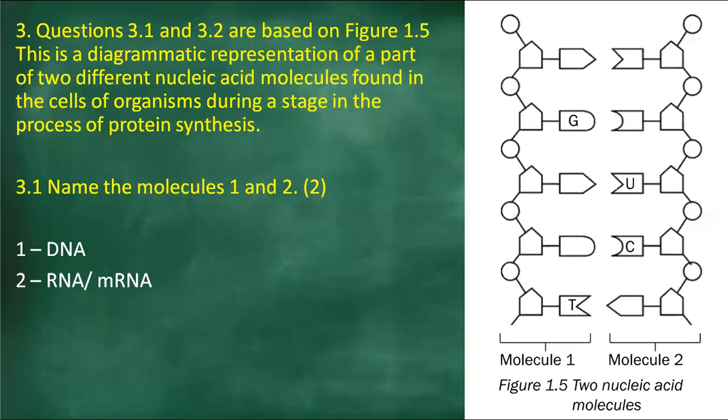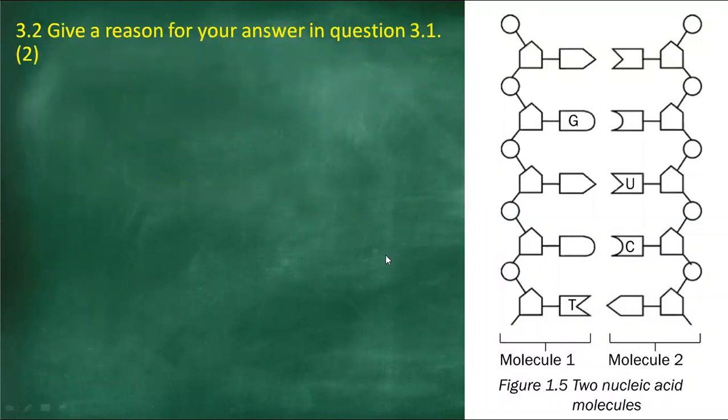Let me just double check what people are saying. RNA because it consists of a single strand, and DNA is double. You would have seen that molecule one is the DNA molecule and molecule two is the RNA molecule.